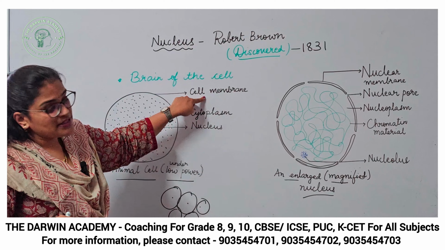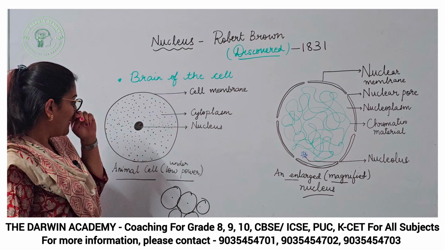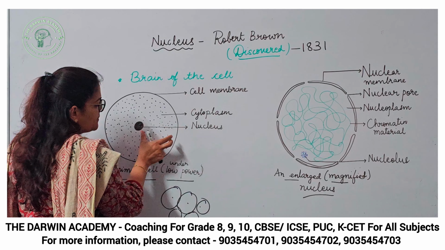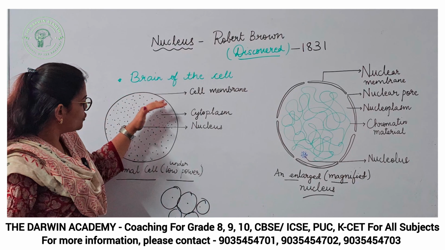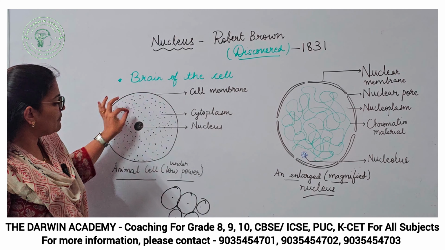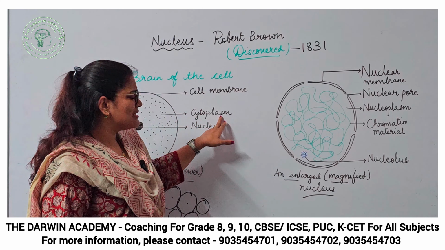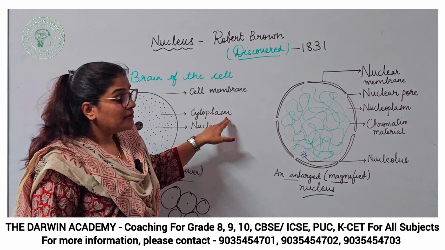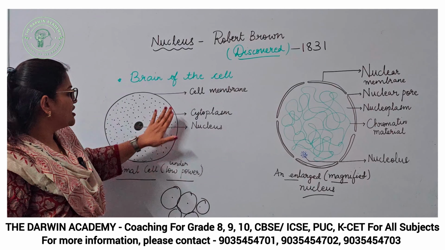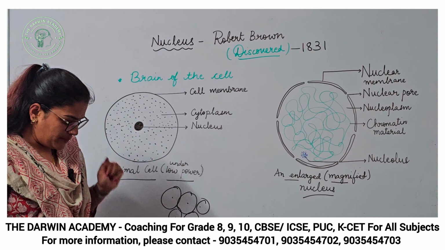The boundary of a cell is the cell membrane. And in between the cell membrane and the nucleus, this region where I've marked it with the help of dots, that is the cytoplasm. Remember, cytoplasm is a jelly-like fluid which is present within the cell.